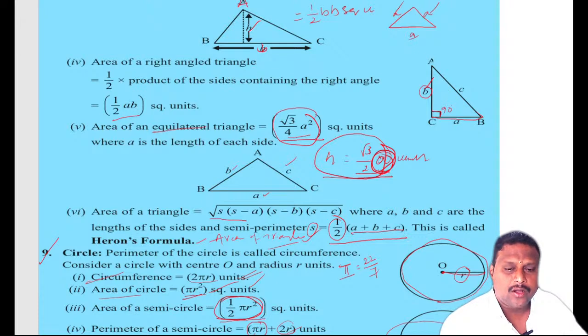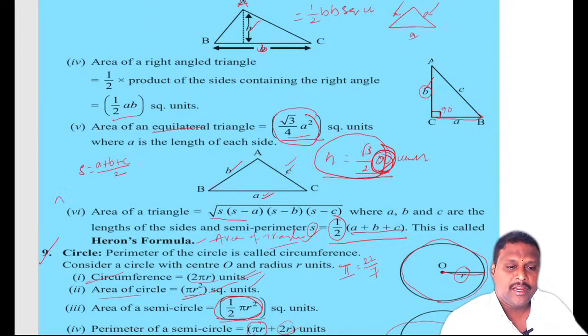Next, Heron's formula is used if the lengths of all three sides are given. Then S is equal to A plus B plus C by 2.